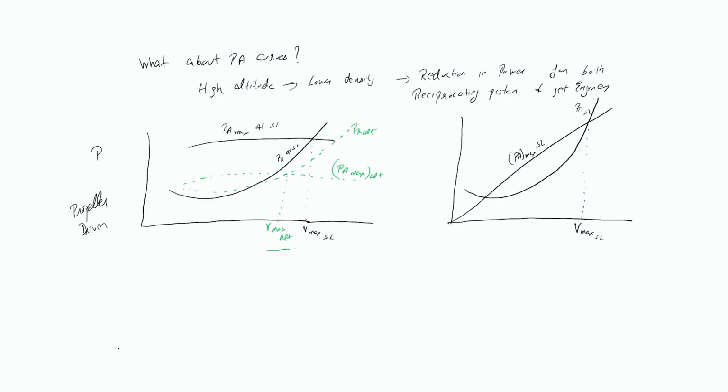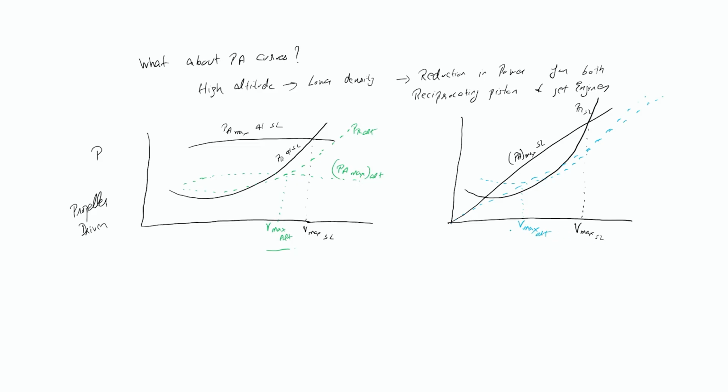So the power available will actually be like this, and this intersection will actually tell you this is the V max. So these are just rough plots. Okay, the idea is V maximum will be lower at altitude when compared with sea level.